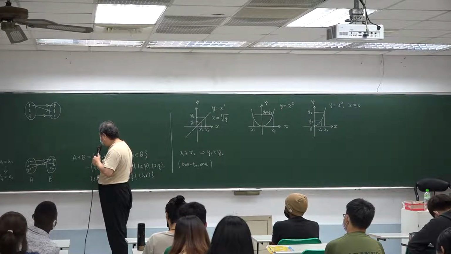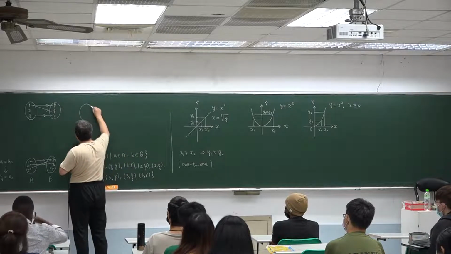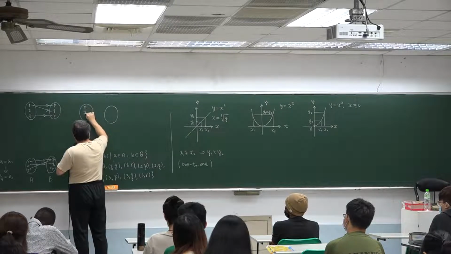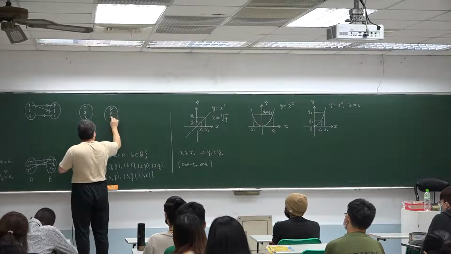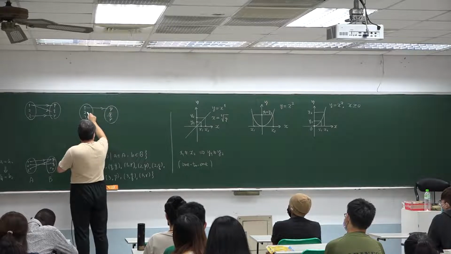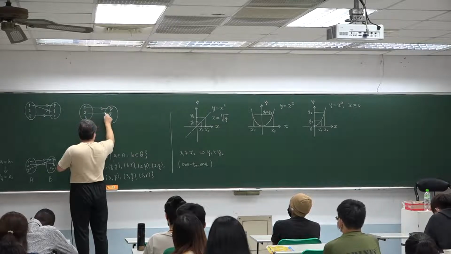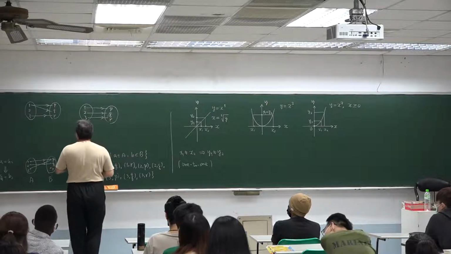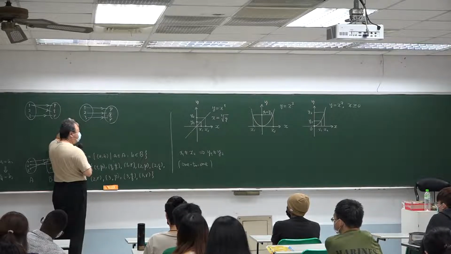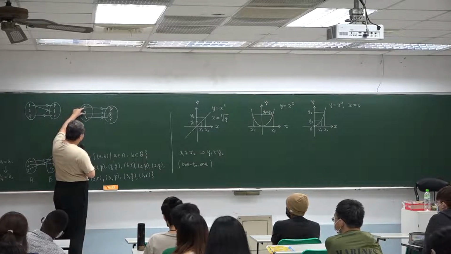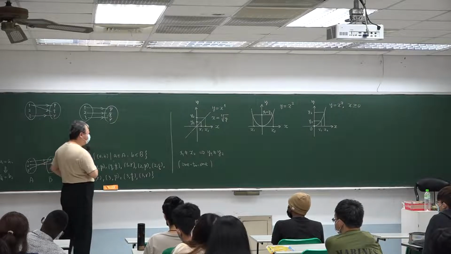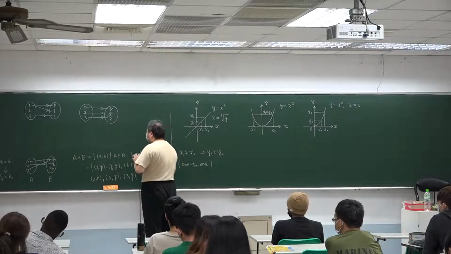How many? Okay, this is also a function. This function not only preserves equality, because if these 2 points are the same, then these will be the same, it also preserves inequality.